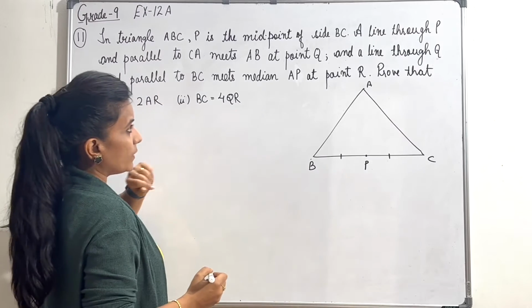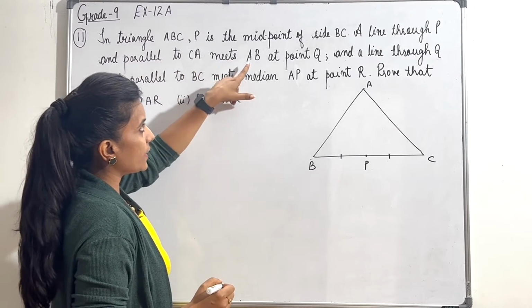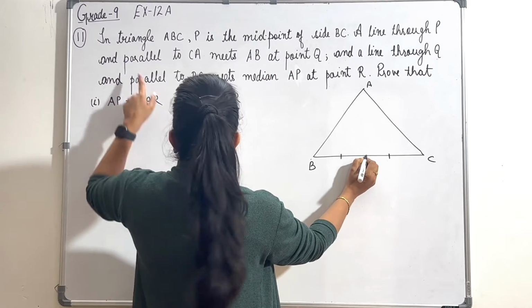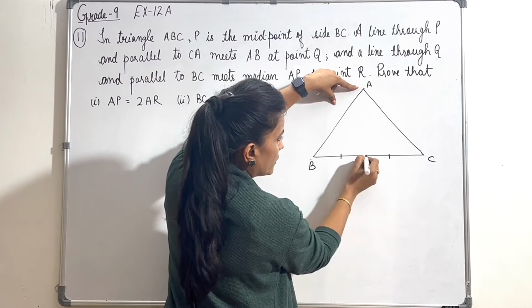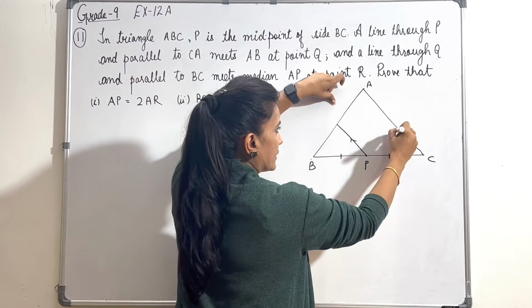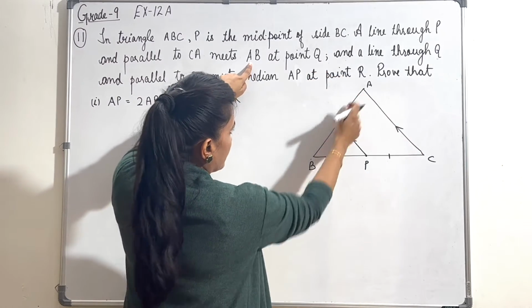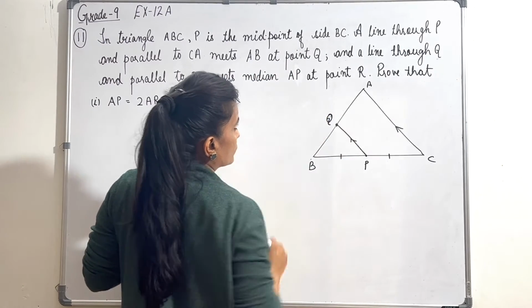A line through P and parallel to CA meets AB at point Q. So a line through P parallel to CA. This is CA. So from here you will draw a line parallel to CA. This line will meet AB at point Q. So this point is Q.